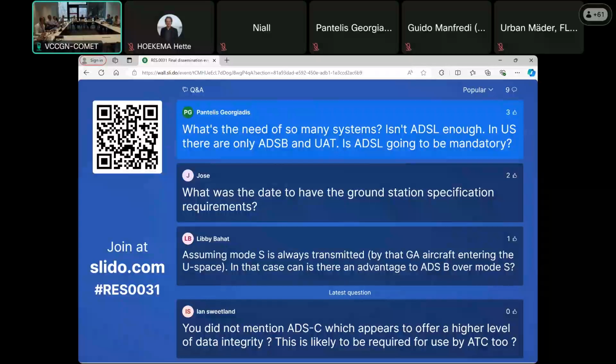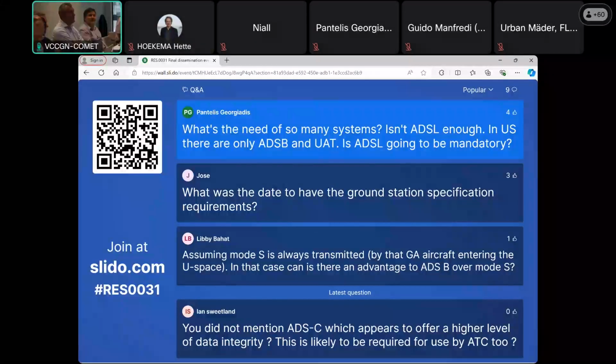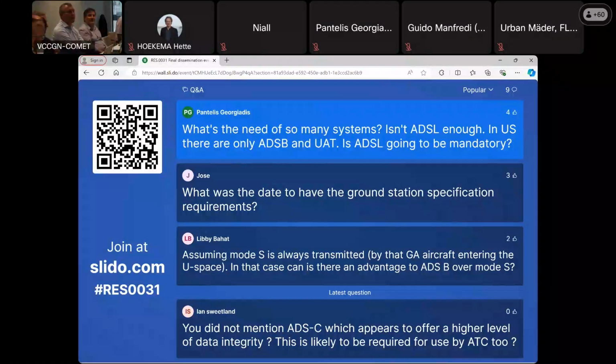But we also need to recognize that it is much more difficult to change the ADSB international standard than to change the specification of ADSL. And there are additional needs that are not being considered by ADSB out. For example, timing is not there, while ADSB has some additional information that is not necessary for this use case.